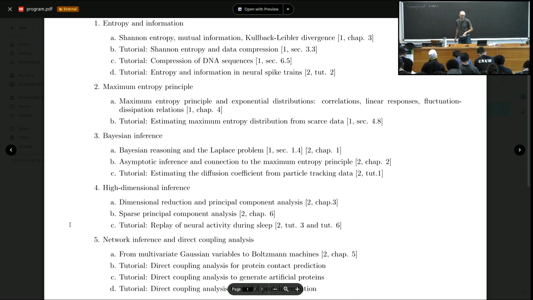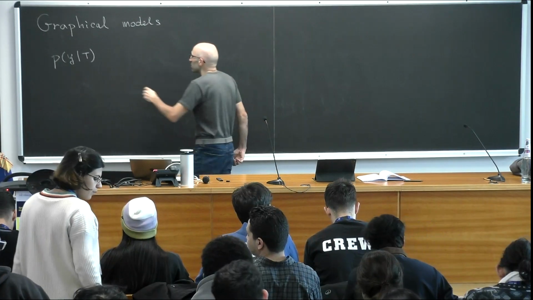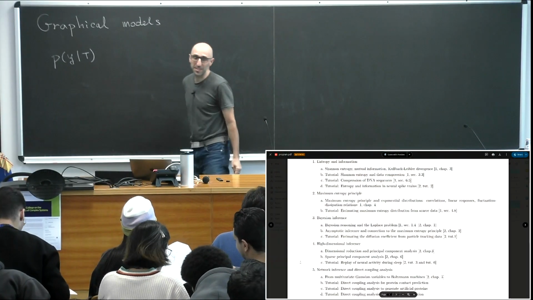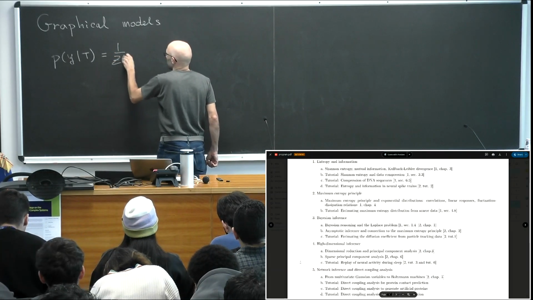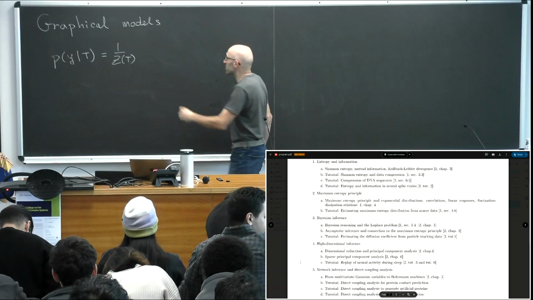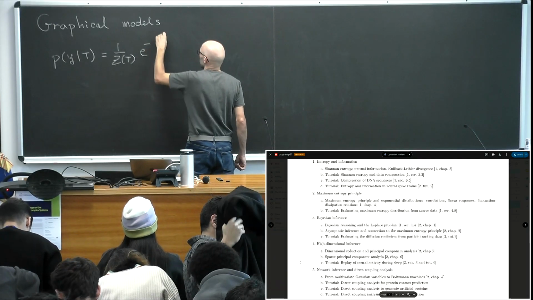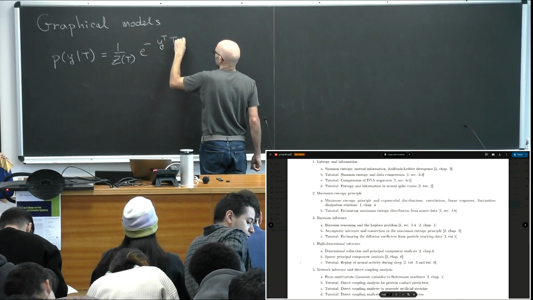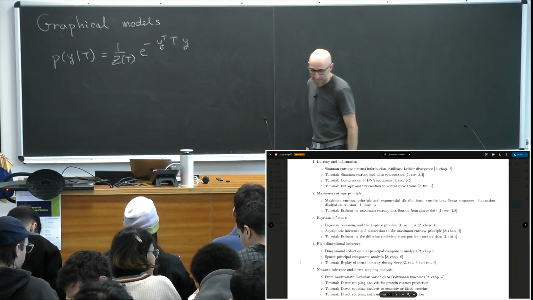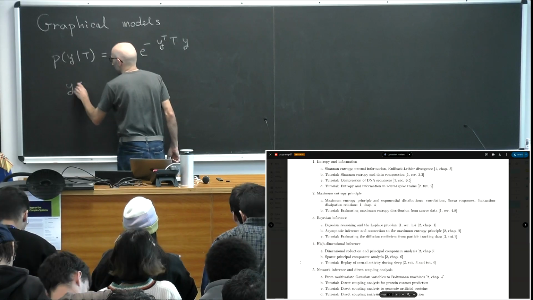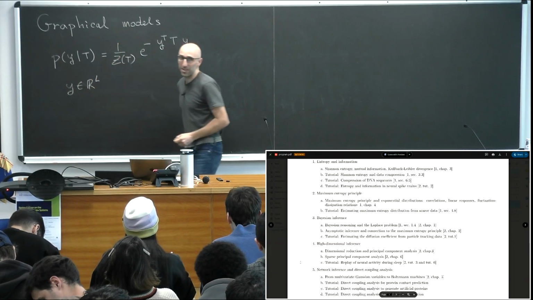And for the specific case of Gaussian variables, we will go back to the same distribution of multivariate Gaussians, where the probability of your data, given a certain matrix T, is given by a normalization that now I call Z, times the exponential of minus y transpose times T times y. Okay, where again y is a vector of L dimensions.